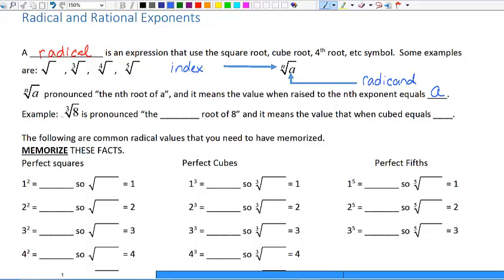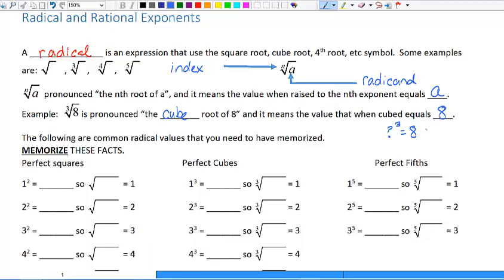So the cube root of 8, this little 3 says it's the cube root of 8, is pronounced cube root because of the little 3, it's a cube. And it means the value that when cubed equals 8. So we're thinking, what value cubed gets me 8? That's what the cube root of 8 means.